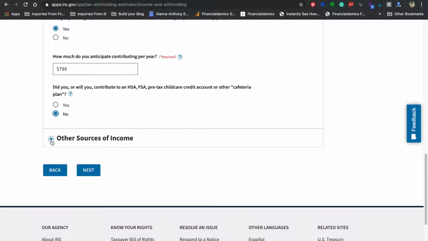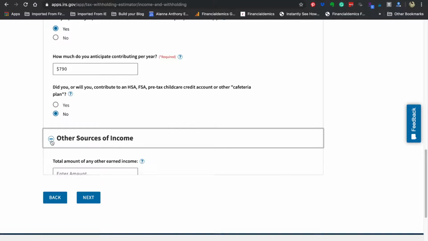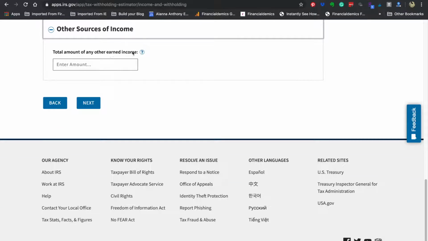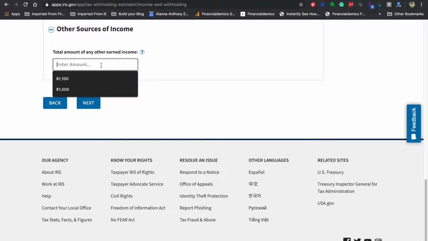So after that, we're going to go into this person's other sources of income, the total amount of other earned income. This person expects to bring in $1,100 this year from their side hustle.